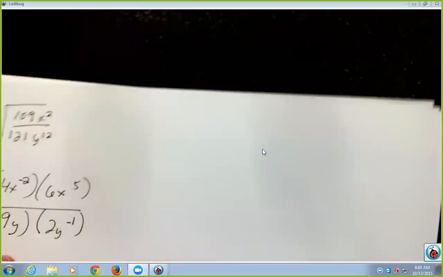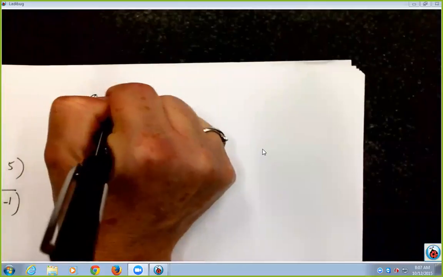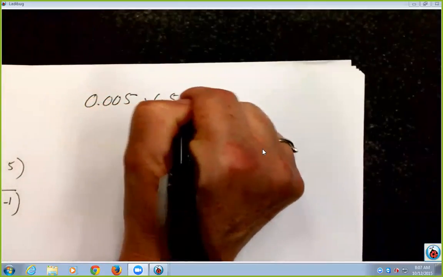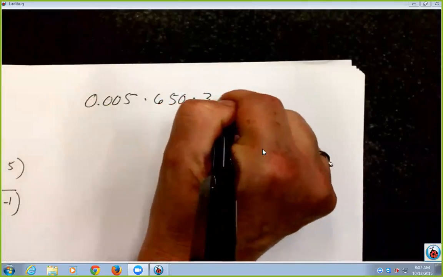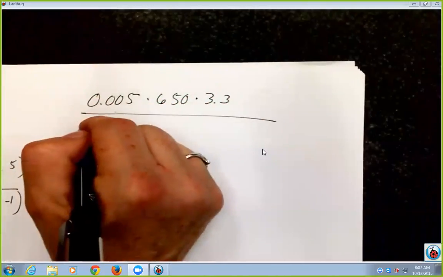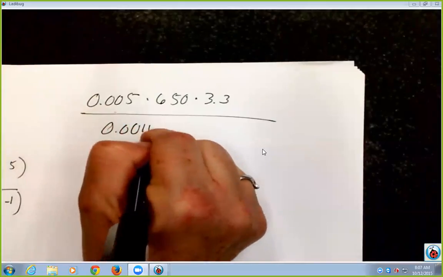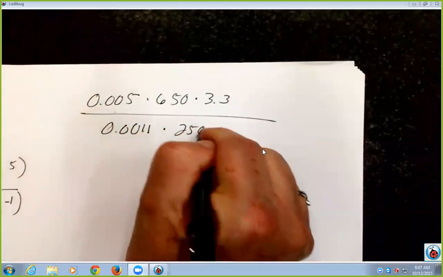So scientific notation. And we're looking at one that looks like this. 0.005 times 650 times 3.3 all over 0.0011 times 2500.